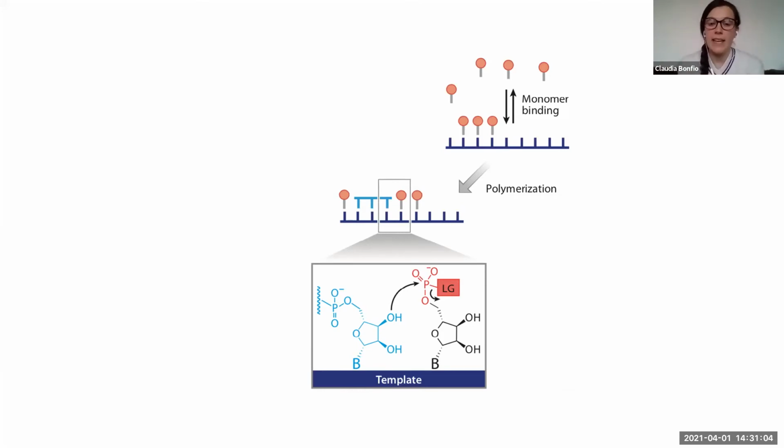And this is just to give you an idea of what we need to do. So what you need to have is a nucleotide, so a monomer, which is activated. So it needs more energy, it needs to be active to be then bound to the rest of the filament and keep elongating the filament that you are building.